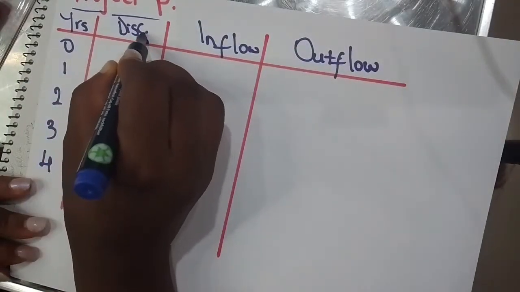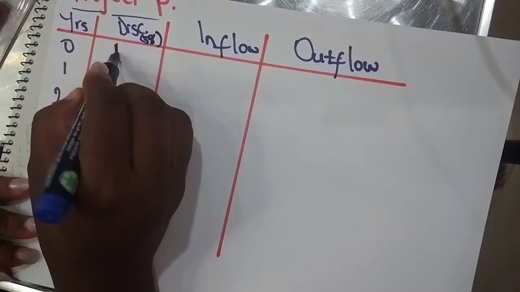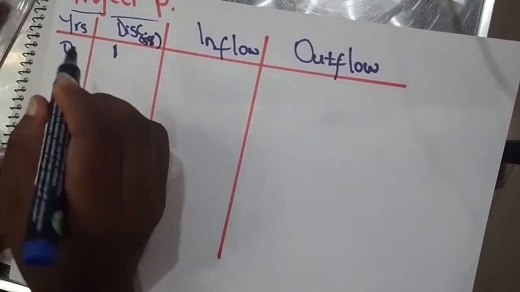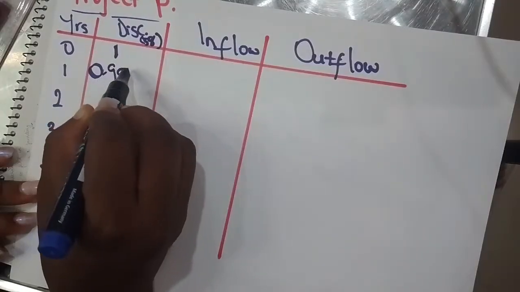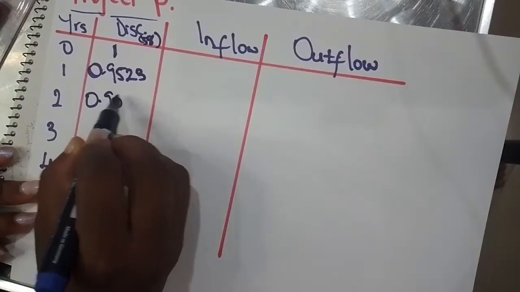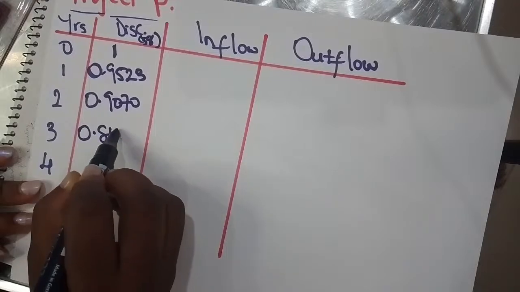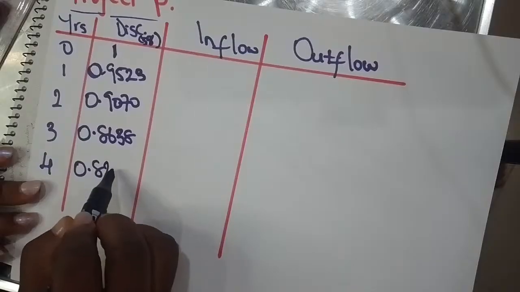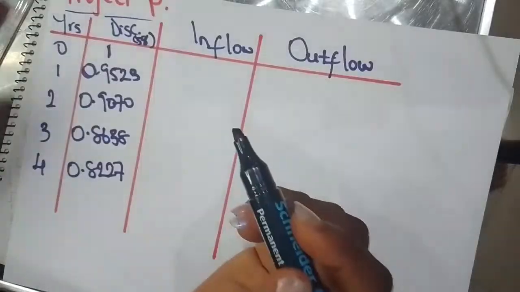Remember the discount factor of 5%: 1, 0.9523, 0.9070, 0.8638, 0.8227.